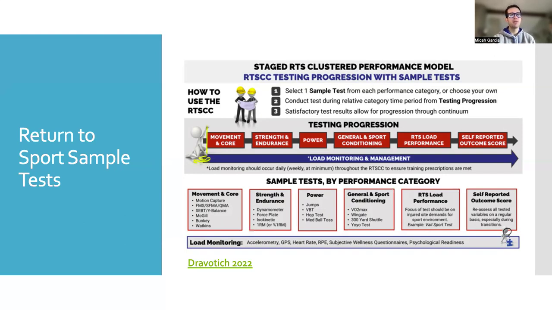So measuring with dynamometers, force plates, having them do isometric or isokinetic contractions. You can assess their power producing capabilities, looking at jumps and hop tests and even medicine ball toss. And then you can also just look at their general sport conditioning. So VO2 max, having these different aerobic testing. Okay, so lots of different performance categories that should be considered before ultimately clearing someone to return to sport.